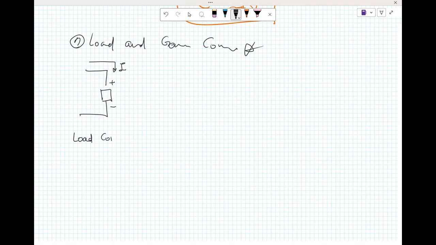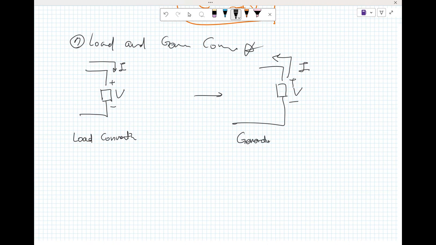Also in power systems, with plus and minus voltage here, the current leaving is what we call the generator convention.